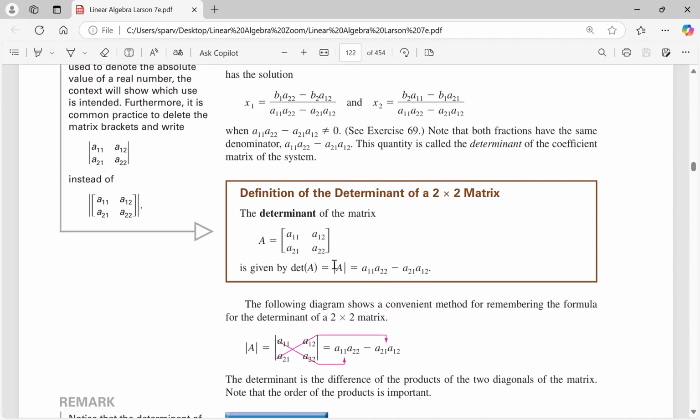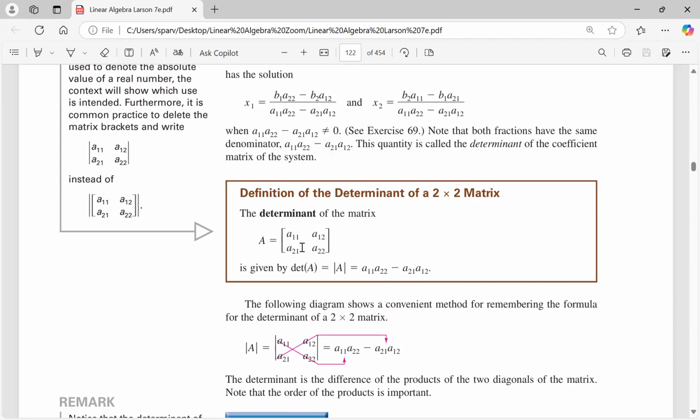For a 2 by 2, you multiply the diagonal elements a11, a22. That's what this part is. You multiply the diagonal elements, and then from that, you subtract the product of the off-diagonal elements. That would be a12 and a21.